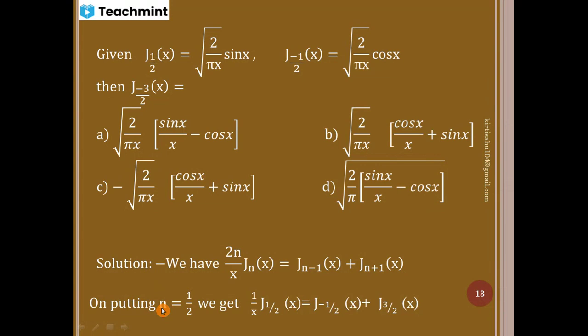As we want the minus 3 by 2, if you compare J half of x, minus half of x and minus 3 by 2, right? You will find that out of these three, the highest of them is half, right? So we will put n is equal to half, right? If I put n is equal to half, what we will find is 2 into 1 by 2 is 1 by x, J half of x is equal to J minus 1 half of x plus J 3 by 2 of x.